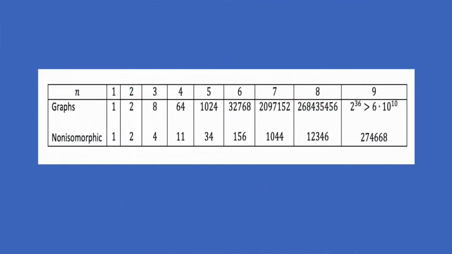The table displayed on the screen lists the number 2^(n choose 2) of all graphs on a given set of n vertices and the number of all non-isomorphic graphs on n vertices. It tells us that at least for computational purposes, an efficient algorithm for checking whether two graphs are isomorphic or not would be highly appreciated.